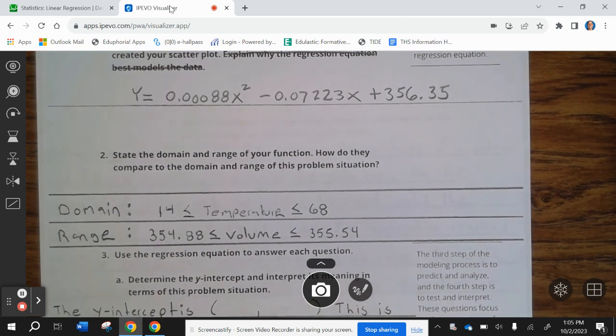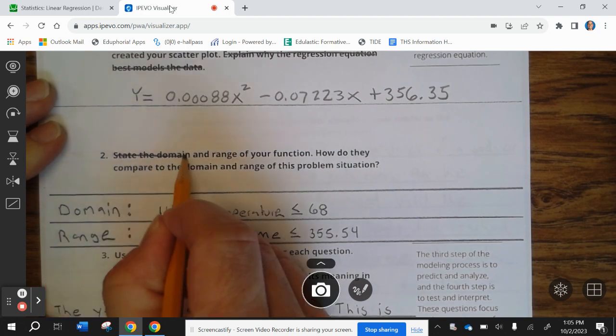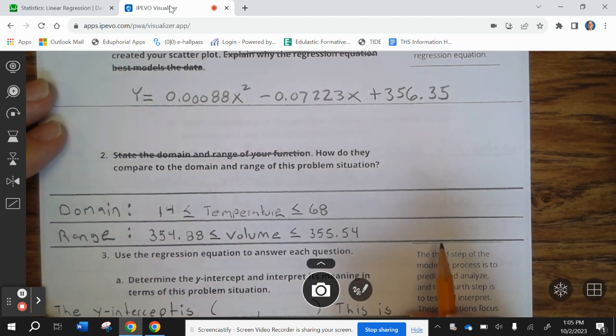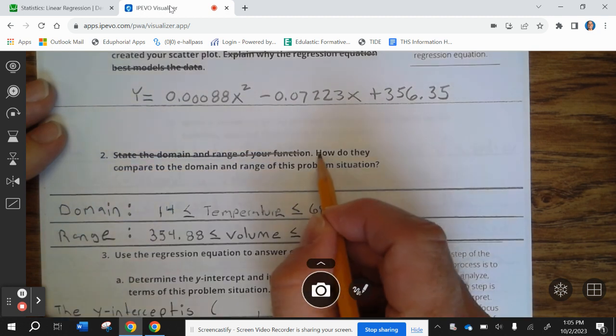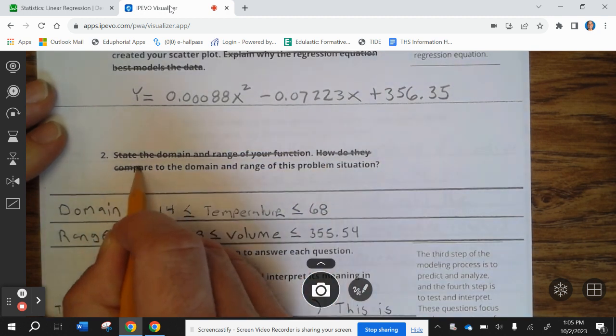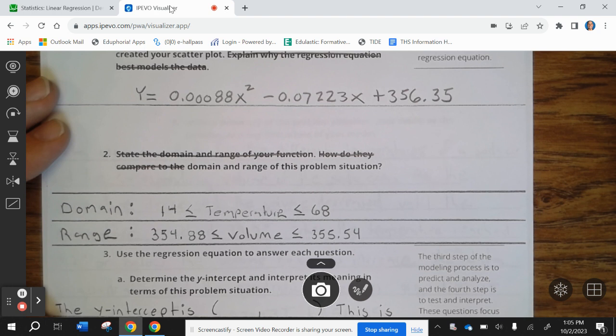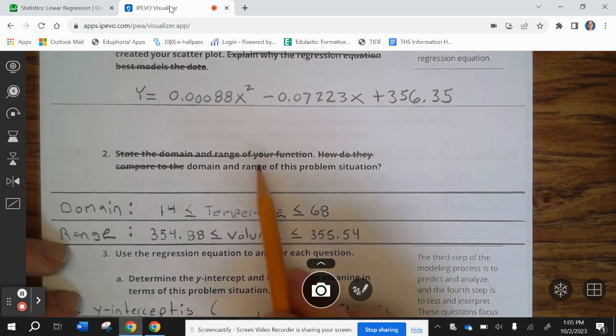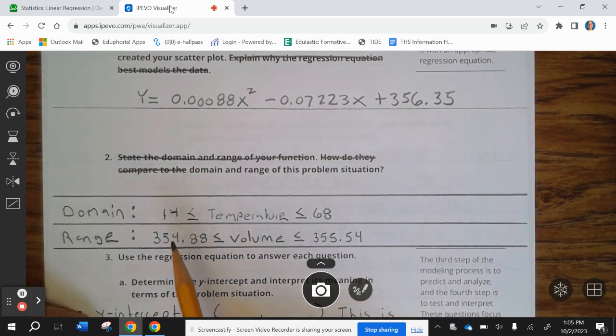Now, say the domain and range of the function. And we just want the domain and range of this problem. Now, domain is the lowest to highest number.